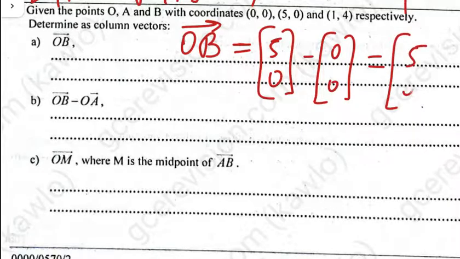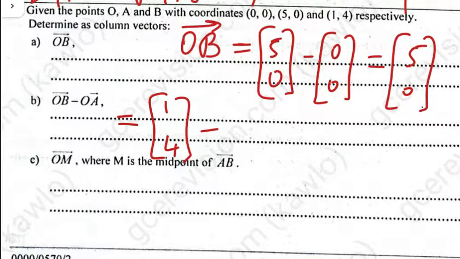We have (5, 0). OB minus OA. So what will be OB minus OA? OB minus OA will just be B minus A, okay? So B as a column vector is (1, 4). And OA as a column vector, we have already seen.